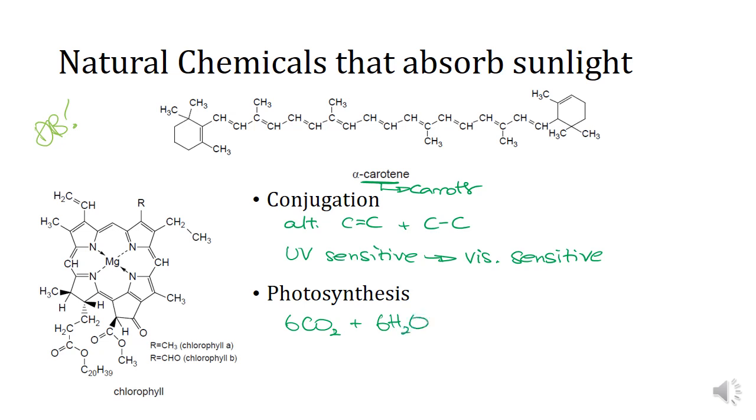So plants take in carbon dioxide from the atmosphere and water, and they end up making glucose and oxygen. So it's this glucose that we can then go and do further stuff with, which we're going to talk about next.